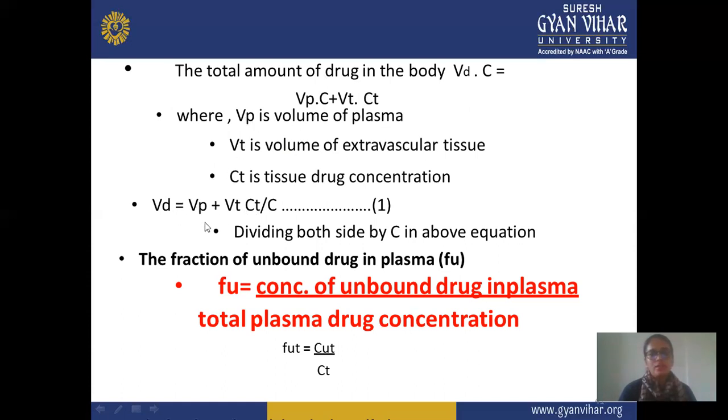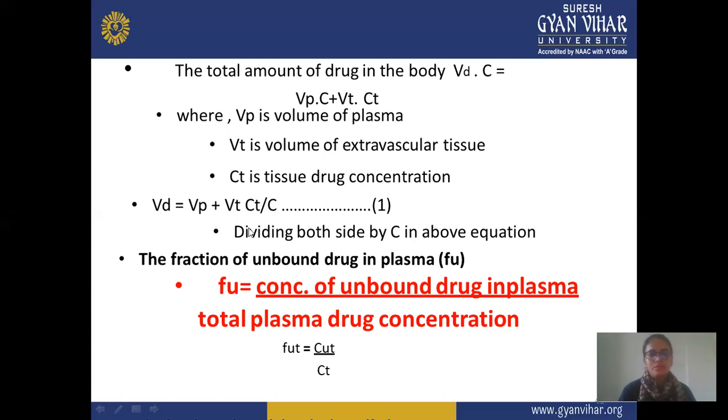And you can write this formula in this way: VD is equal to VP, where VP is the volume present in your plasma, plus VT, where VT is the volume of drug in extravascular tissue, into CT divided by C. CT is the tissue drug concentration, C is the concentration, and you can divide both sides by C in the above equation.